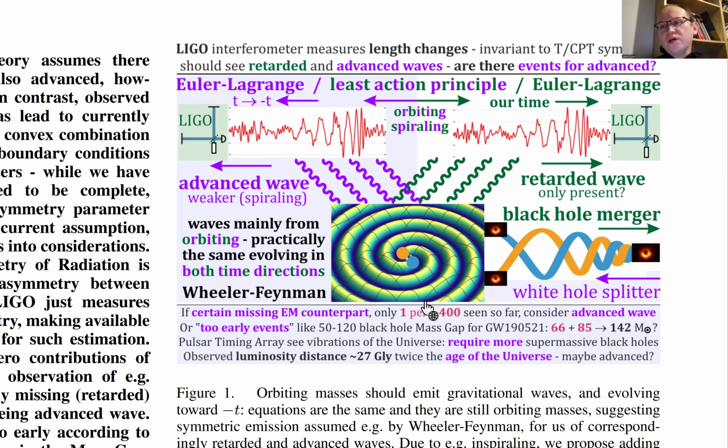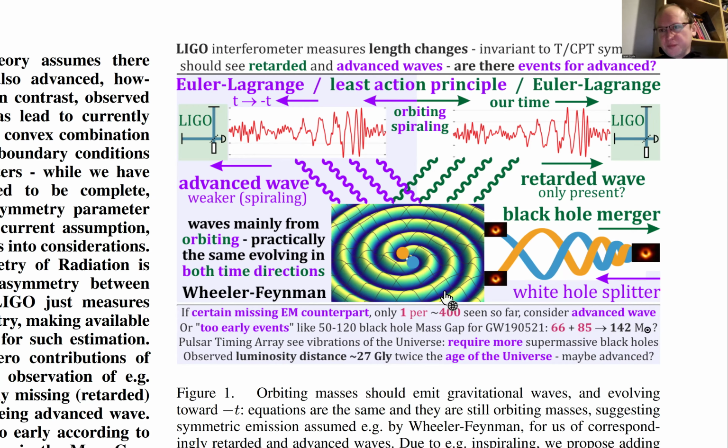The ultimate way to confirm a retarded wave is the electromagnetic counterpart, which usually is retarded. However, only one of them has been observed. So the big question is why we don't see more. Most of them are black hole mergers, but there are also about 10 mergers including neutron stars, which generally should be seen.